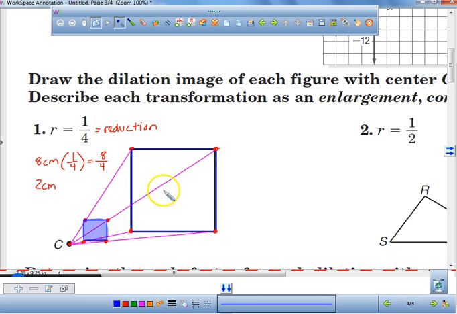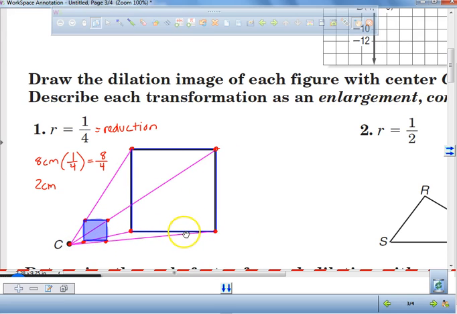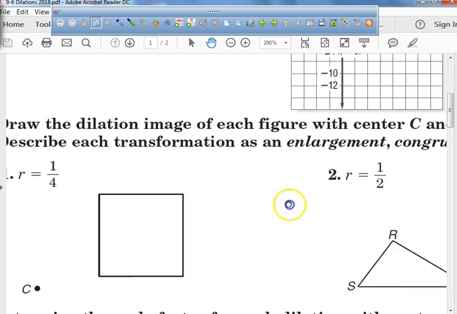Can you guys see how this was shrunk down along those lines? Imagine I took this point and slid it down to 1/4 of the size, 1/4 of the size, 1/4 of the size, 1/4 of the size. And that is your final image. We just drew a dilation of the image with a reduction of 1/4.